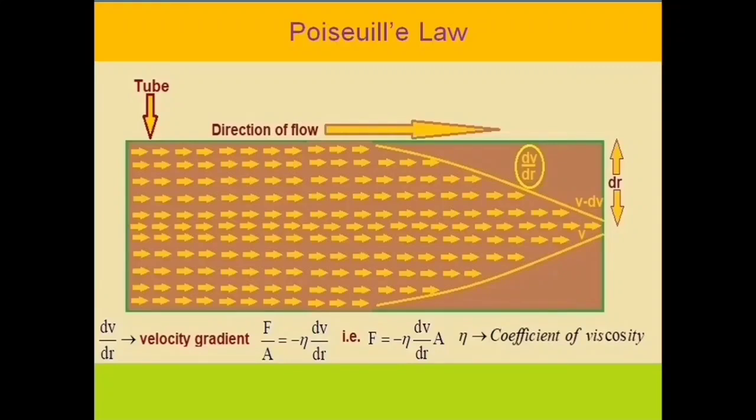Hence force divided by area is equal to negative of eta into dV by dr, where eta is the coefficient of viscosity. As you are observing in the diagram, dV by dr is the velocity gradient, and how liquid is flowing inside the tube is shown in this diagram.